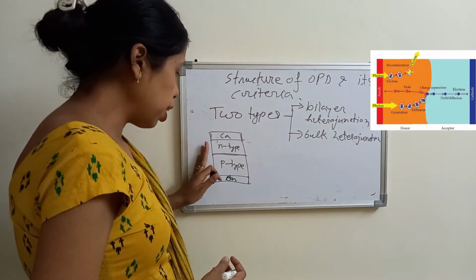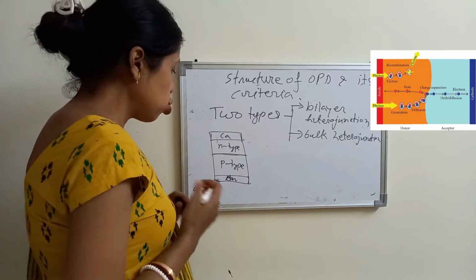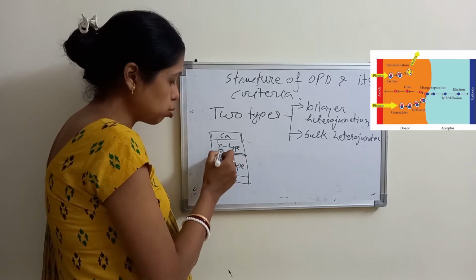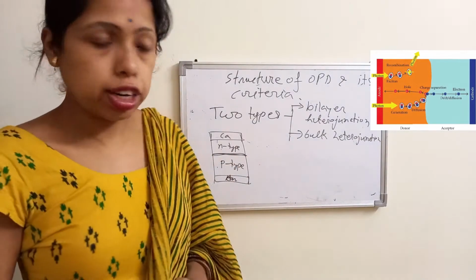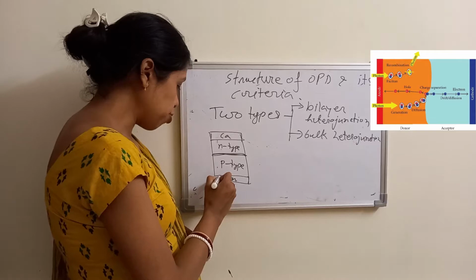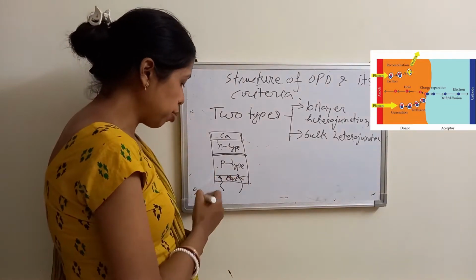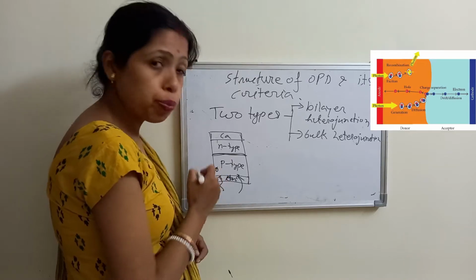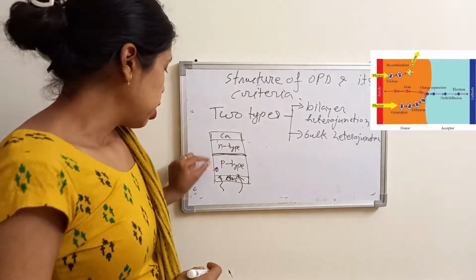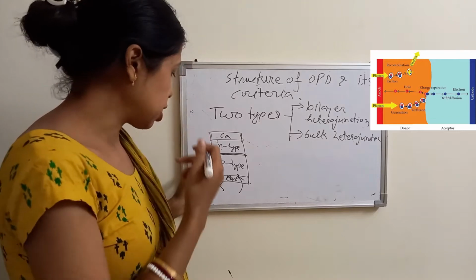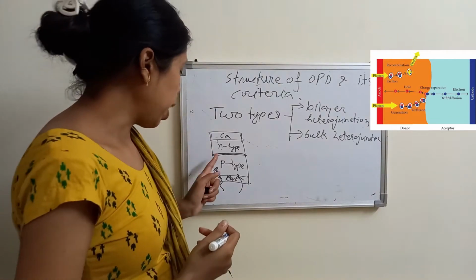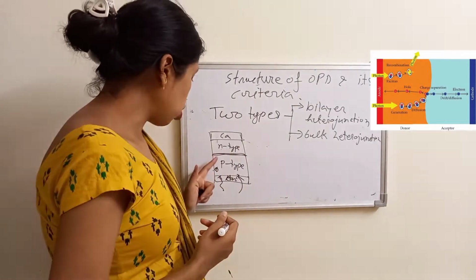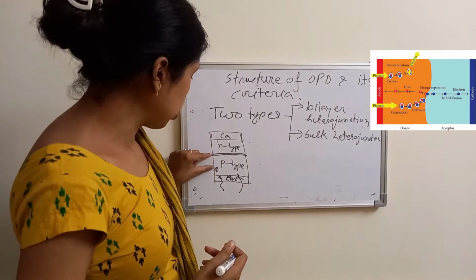If you design the bilayer heterojunction, normally there is one interface between the p-type and n-type semiconductor. If the light falls onto the device, the exciton will generate in the p-type layer. As I told in the last lecture, it has to diffuse to the interface and dissociate. For that, it has to cross this much length.